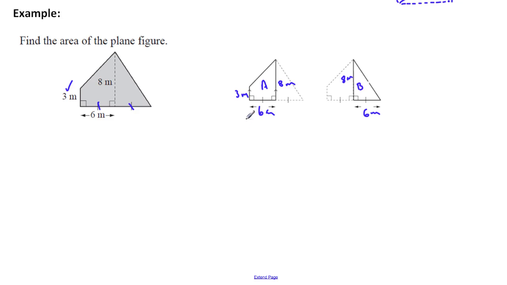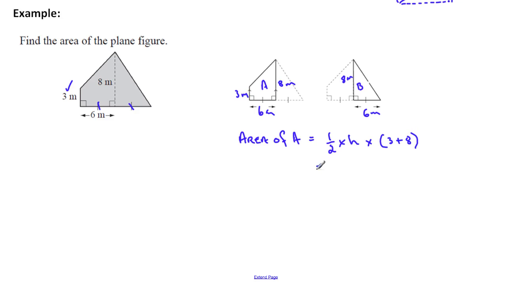Now shape A, the area, is a trapezium. So area of A is equal to half times the perpendicular height between parallel sides times the sum of the length of the parallel sides.